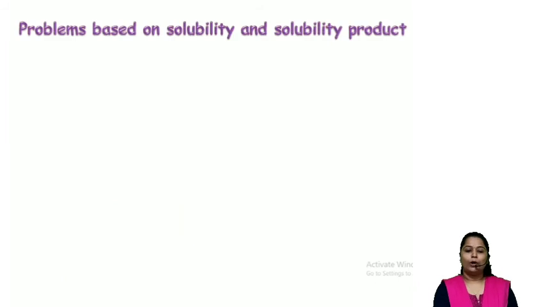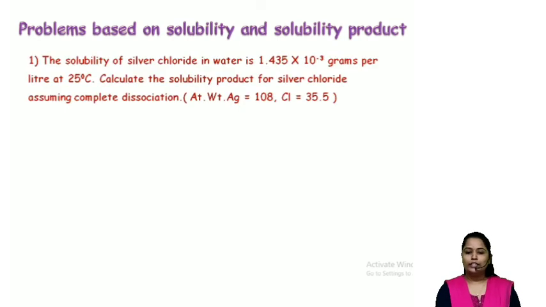Then we see the problems based on solubility and solubility product. First problem: the solubility of silver chloride in water is 1.435 x 10^-3 grams per liter at 25 degrees Celsius. Calculate the solubility product for silver chloride assuming complete dissociation, given atomic weight of Ag is 108 and chlorine is 35.5.